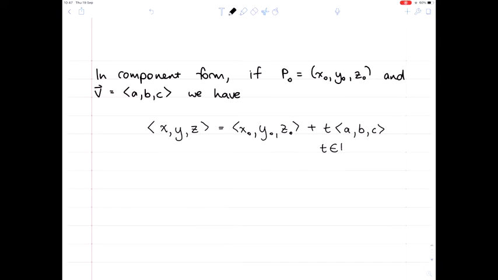And here we have t as any element of the real numbers. So this gives us a vector equation.